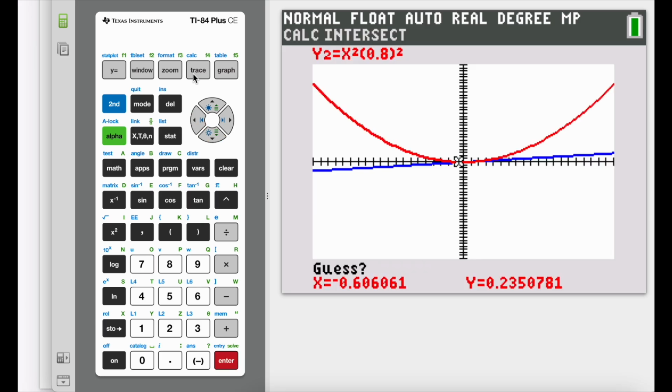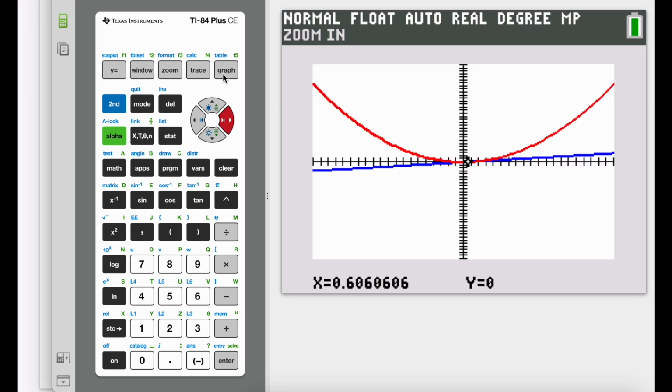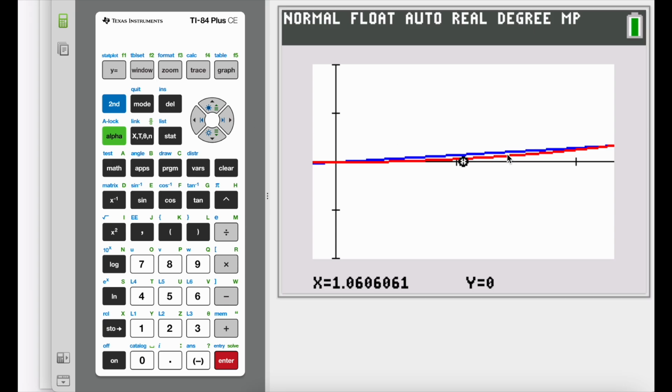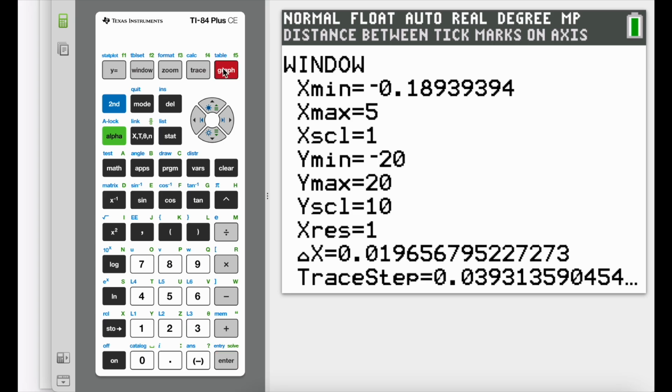There's some sort of intersection around here, which is at 0, 0. Let's see if there is another one as well. Zooming in, we can see there's a second one over here. Let's extend that value to 5.